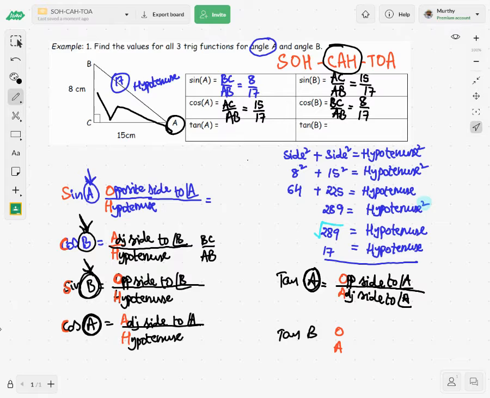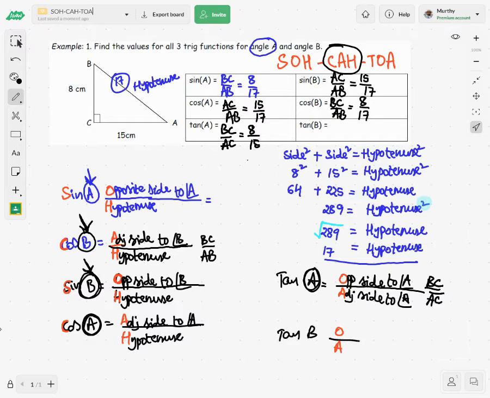That is 8 units, I'll say BC. And what is the adjacent side to A? It is the one which is next to the given angle, that is AC. Therefore, it is BC over AC. Let me write the same thing here. It is BC over AC and plug in the values, which is 8 here and 15 here.